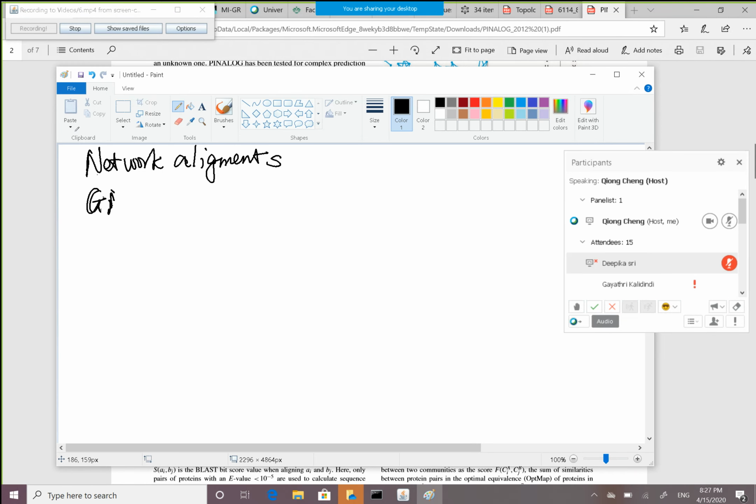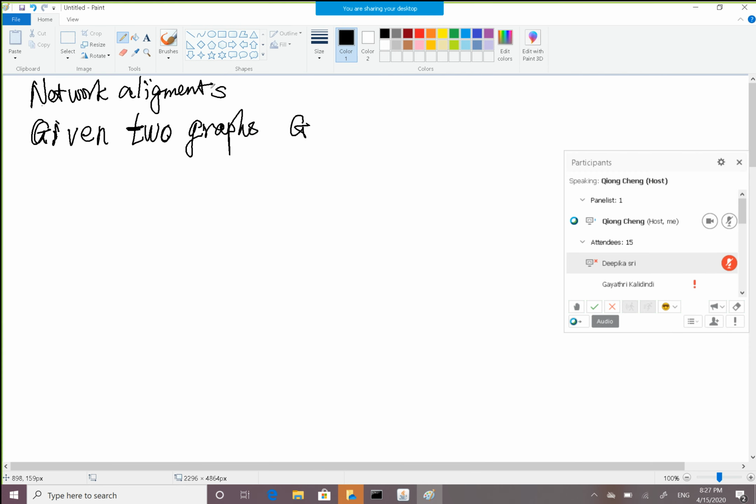So it's given two graphs, which we represent as G1 equal to (V1, E1), right?